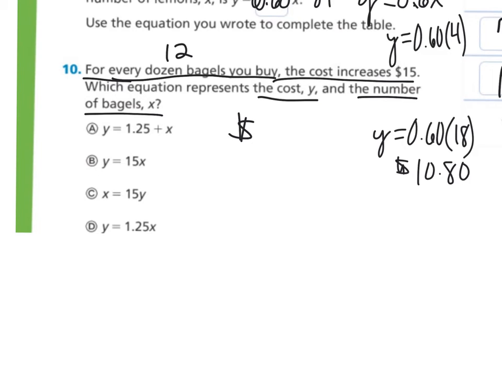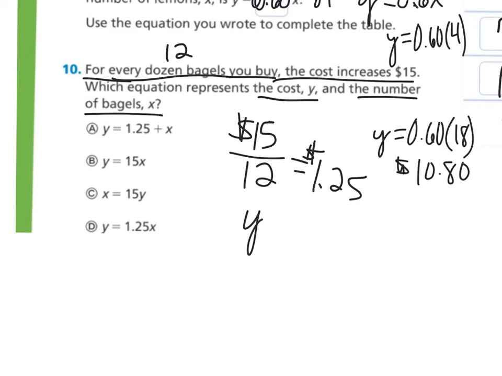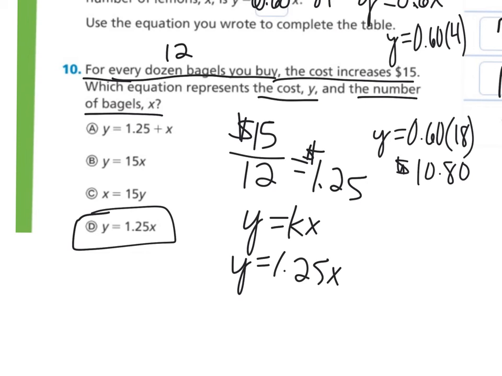Like I said, usually we're going to take our price divided by whatever it is we're talking about, in this case price per bagel. So 15 divided by 12 is $1.25. So $1.25 should be our constant of proportionality here if it's the same cost for each bagel. So $1.25 times however many we buy. That would match up with choice D.